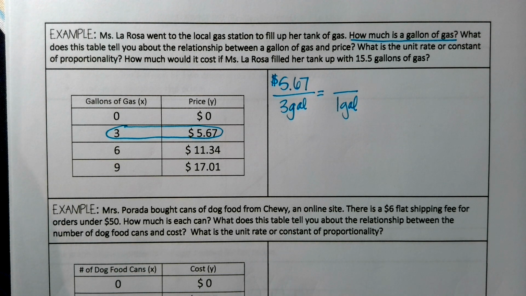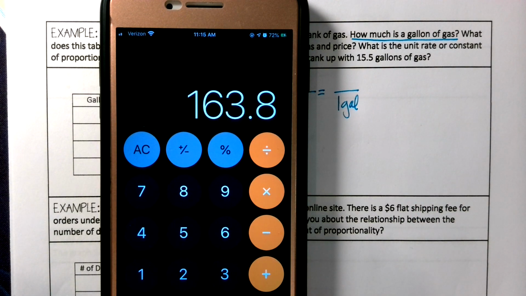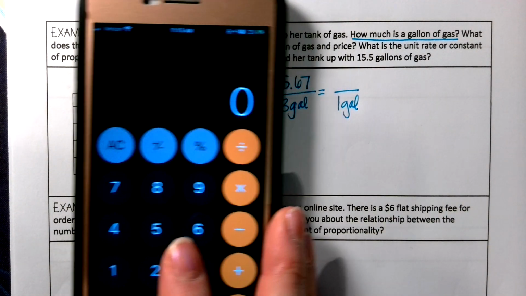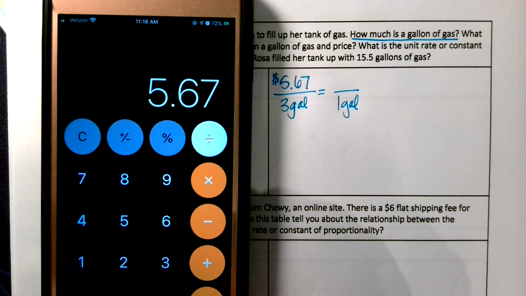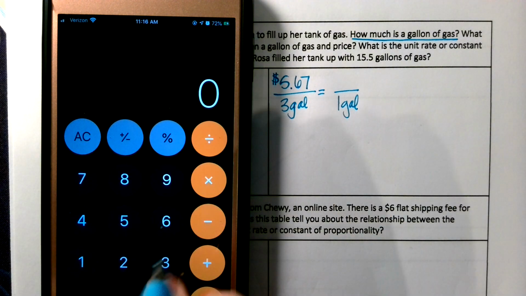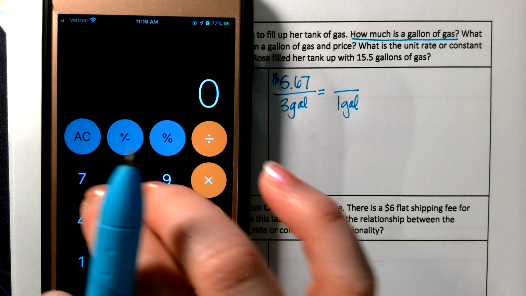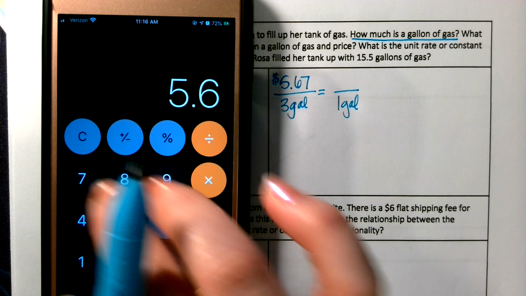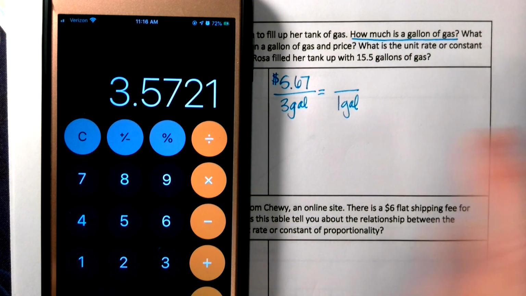So I'd use my Desmos, or go to your calculator, and I would do my $5.67 divided by 3 gallons. Oh, I hit something wrong. $5.67 divided by 3 gallons. What is it doing?